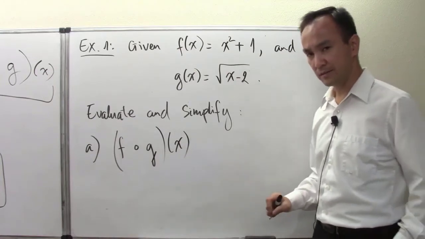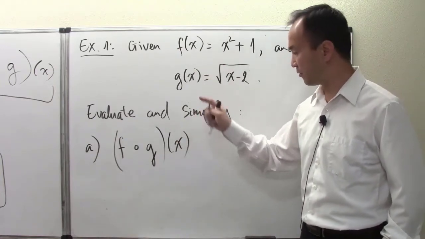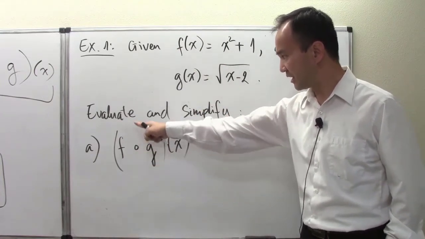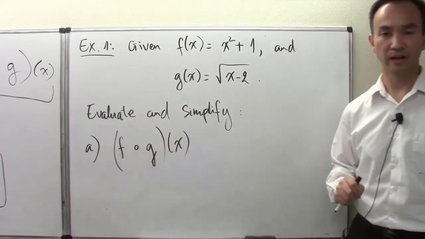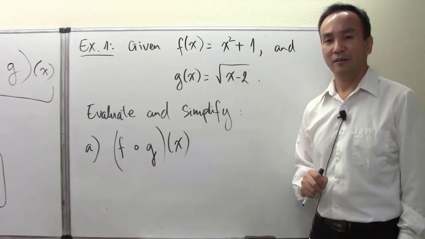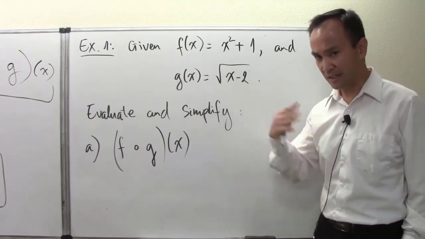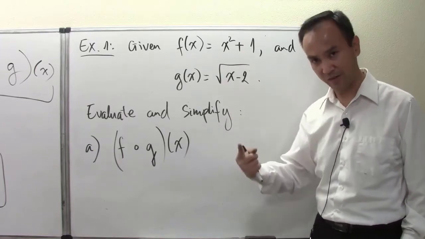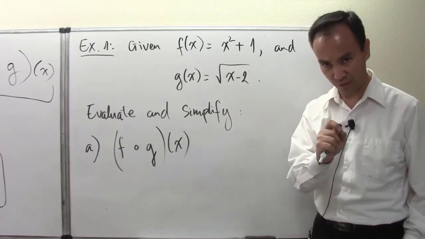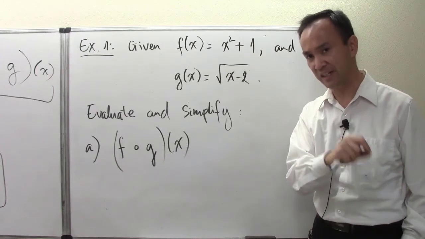All right, so right there, part A of the example. Let's evaluate and simplify f circle g. Now as I'm going through each example, I will show you how my thought process is so that you can recognize and apply that for your case if it works.